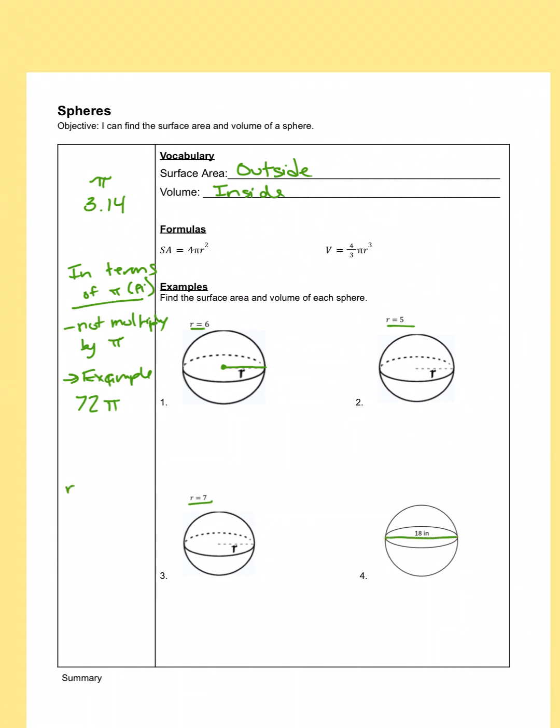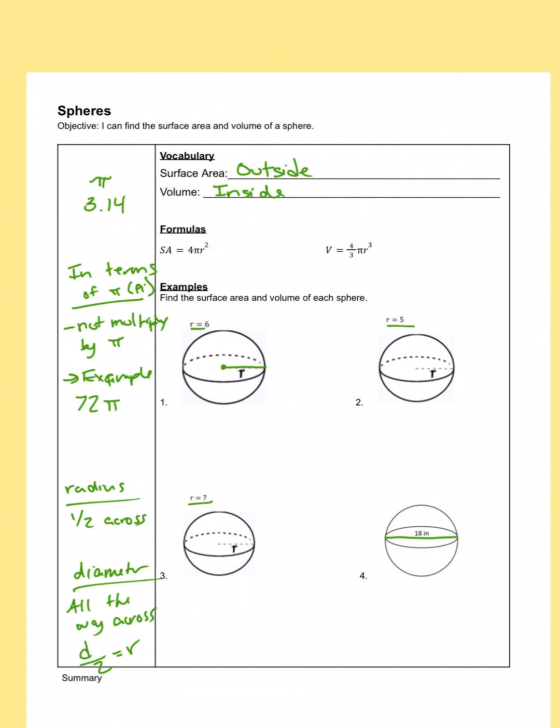So radius is half across, and diameter is all the way across. So if you have diameter, you divide that by 2, and that will give you the radius. So we'll have to do that on number 4.